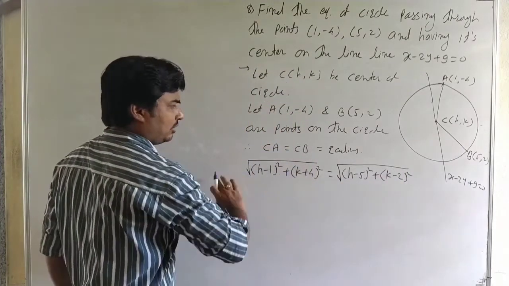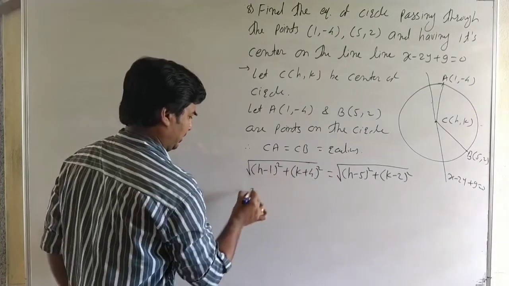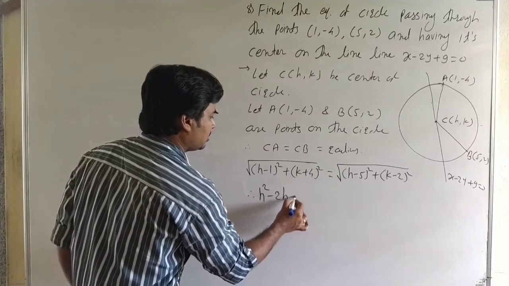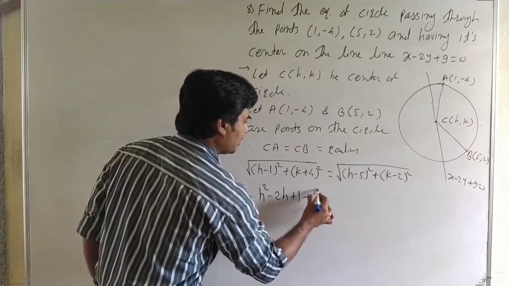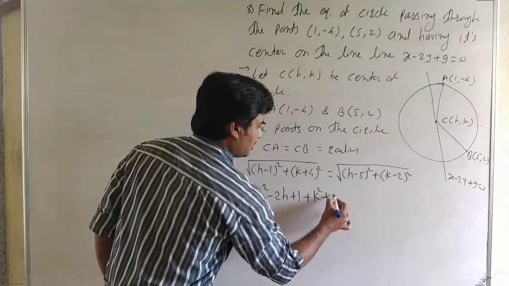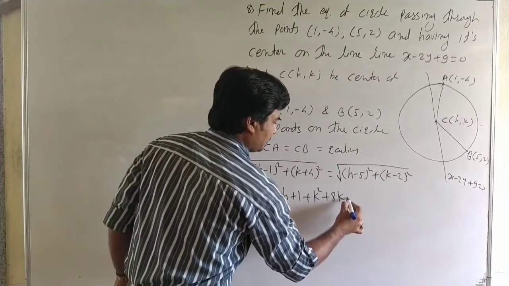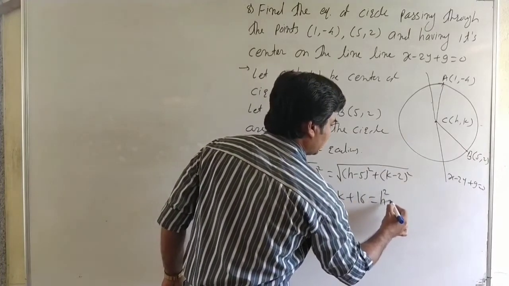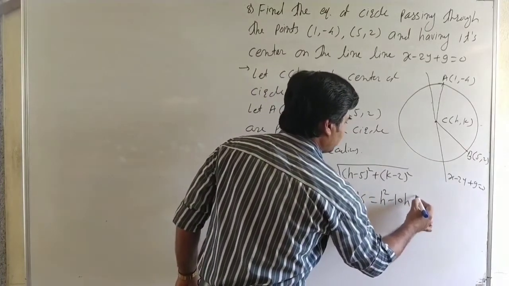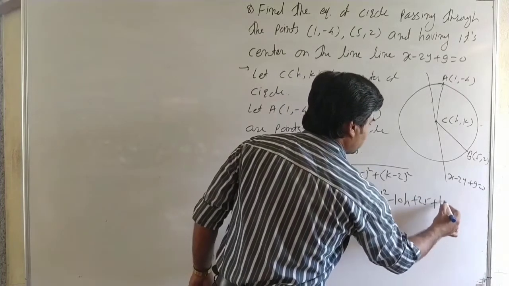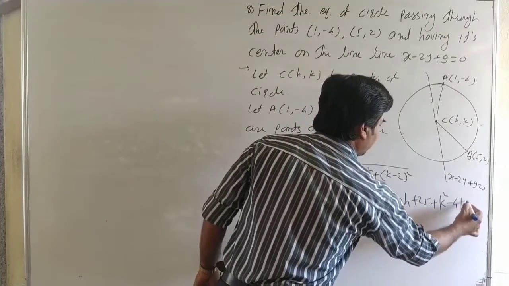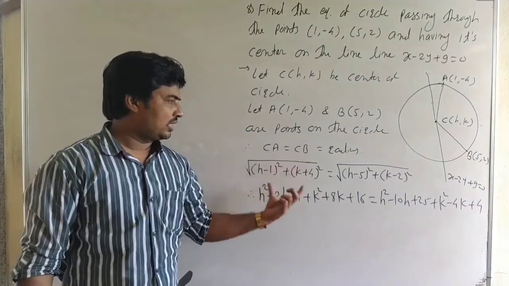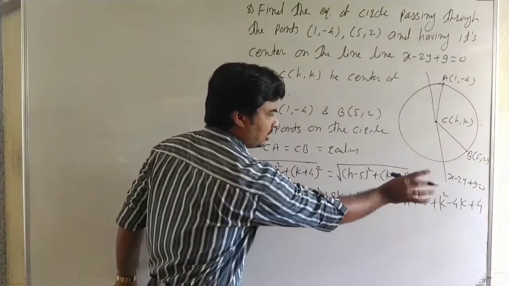We solve it. Squaring on both sides, under root removed, and expand it. Therefore you can write here h square minus 2h plus 1 plus k square plus 8k plus 16 is equal to h square minus 10h plus 25 plus k square minus 4k plus 4. Here h square and k square get cancelled.